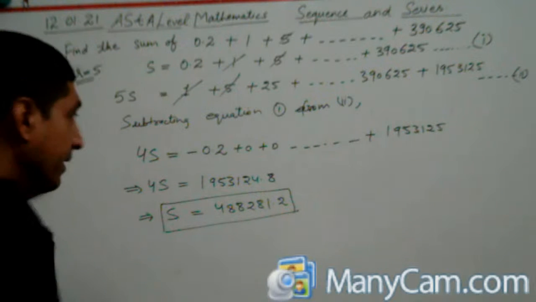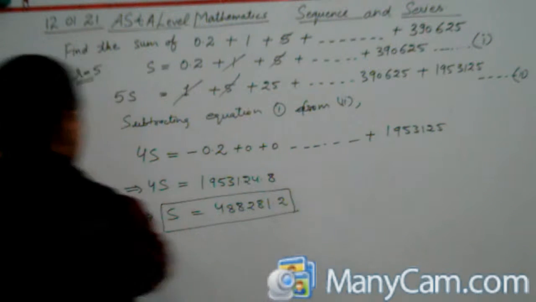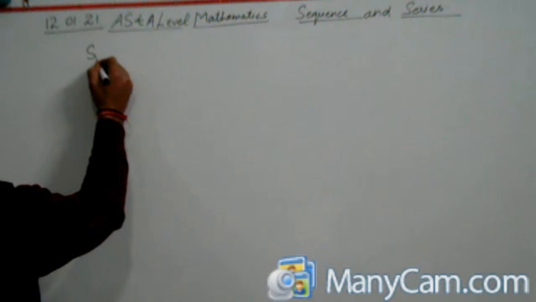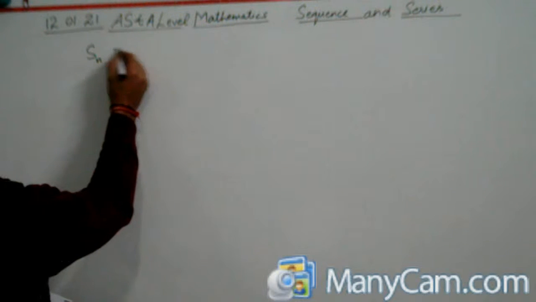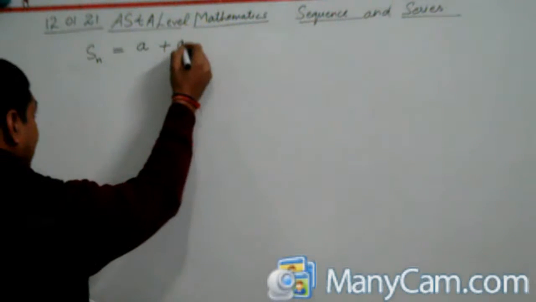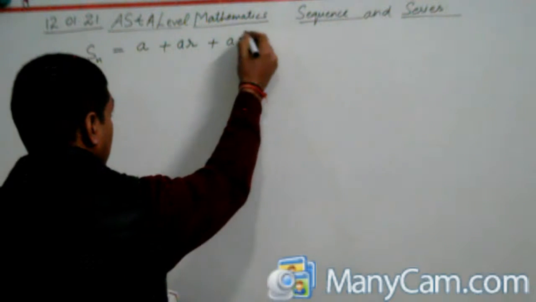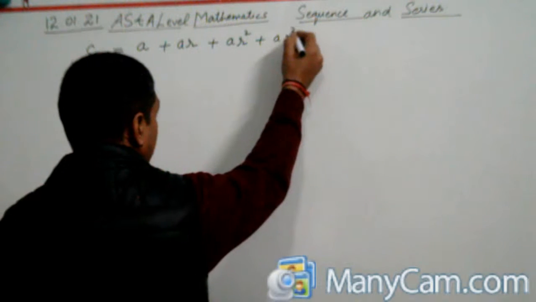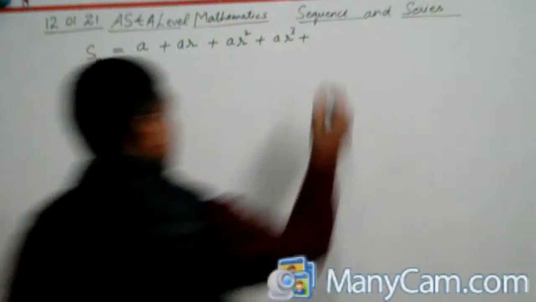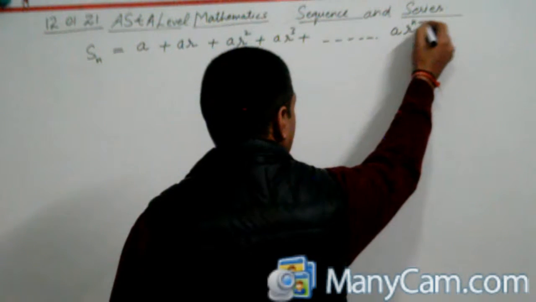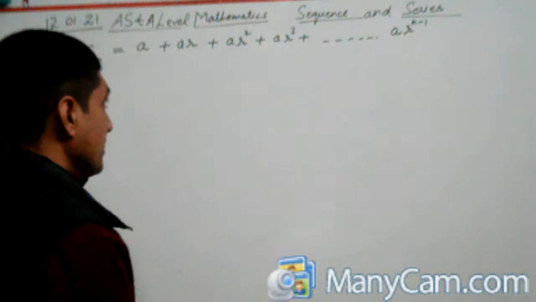For the general method, if we have a sequence with Sn, the sum of n terms, that is equal to a plus ar plus ar square plus ar cube plus so on, up to the last term ar raised to power n minus 1. So this is the first equation.